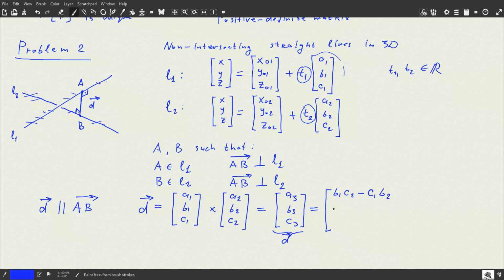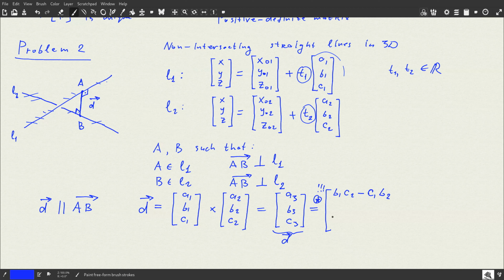Then the second component, it is a determinant of what? a1, a2, c1, c2. Almost, with a minus sign. Yeah. That's important to remember. With a minus sign.